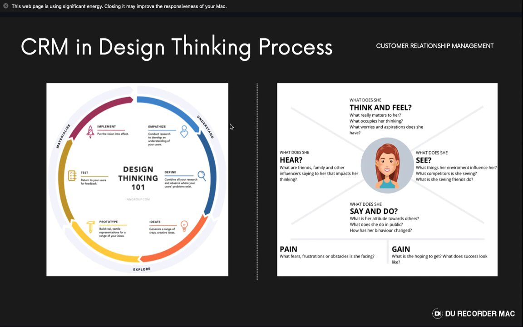That's one stage. And the second stage is empathy, really. I'm taking out implementation, right? So it's testing and empathy. These are the two places where CRM plays very strong roles, right? Interfacing with your customers as much as possible, during the testing phase and during the empathizing phase, right?